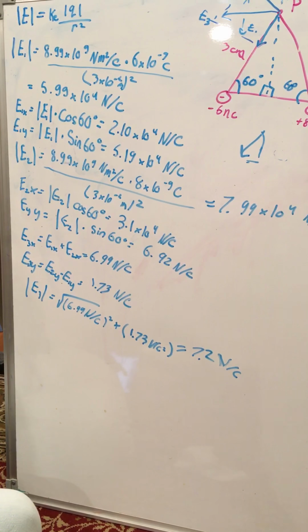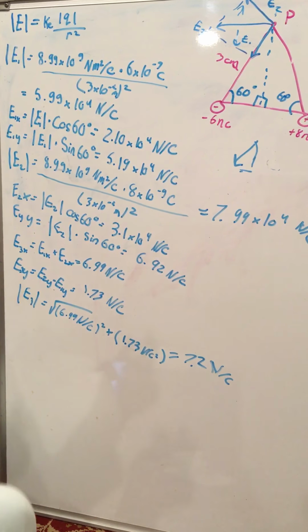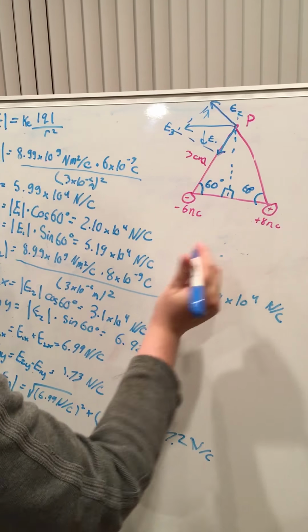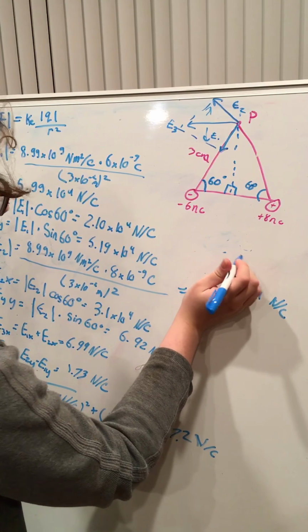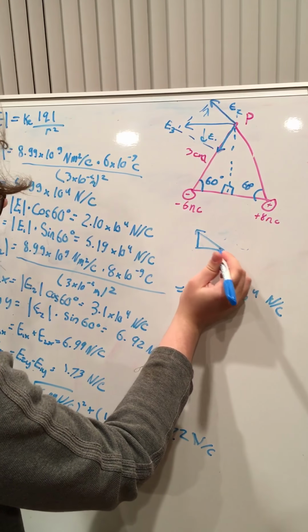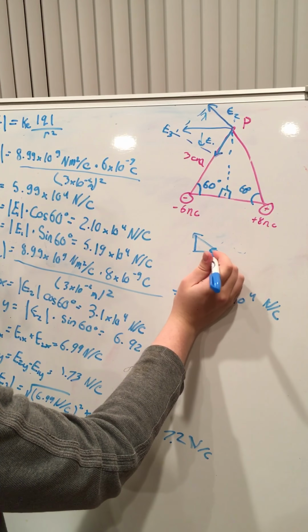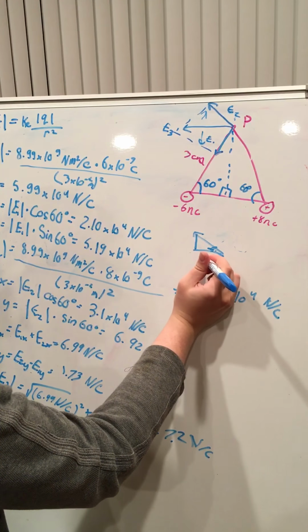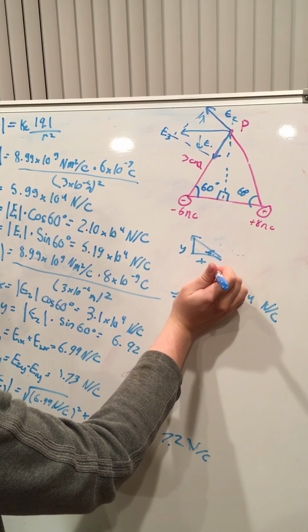We want to find the direction of it too. If you draw a right triangle, I'm going to draw a better one here because that one's kind of sloppy, and we are going to draw it just like this. We've got our angle here. This is the angle we want to find for the direction. This is our y component. This is our x component.